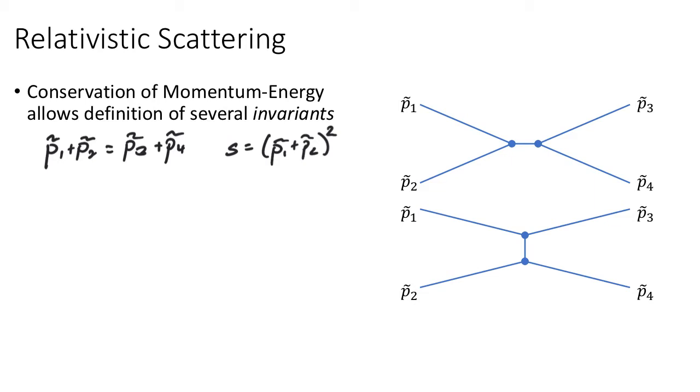And that's the total conserved energy squared of the detector. And if we considered these two to come together and make a particle there, then this would be equal to the mass squared of that particle.